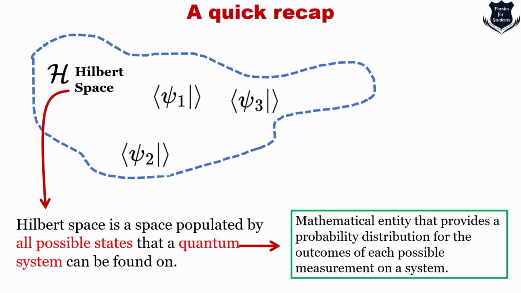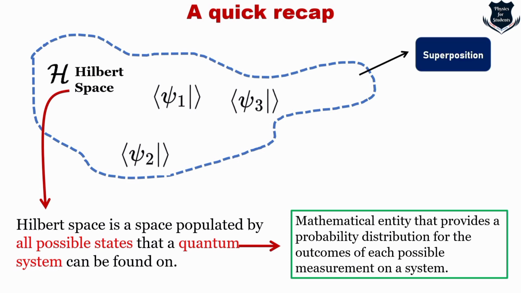Here is the definition: it is a mathematical entity that provides a probability distribution for the outcomes of each possible measurement. That means this psi1, this bra and ket, don't worry, we are coming to that, are all possible states that the quantum system can be in. And quantum system itself means a mathematical entity that gives us the probability distribution of possibly where the electron would be.